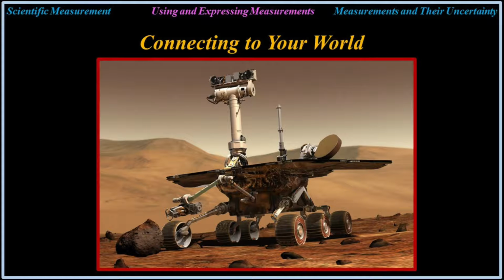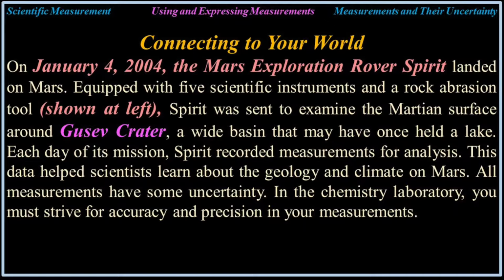Connecting to your world. This is a real picture of a rover that went to Mars. It's a robot that is used to collect scientific data, make measurements on a planet very far from Earth. On January 4, 2004, the Mars Exploration Rover Spirit landed on Mars, equipped with 5 scientific instruments and a rock abrasion tool, shown at left.